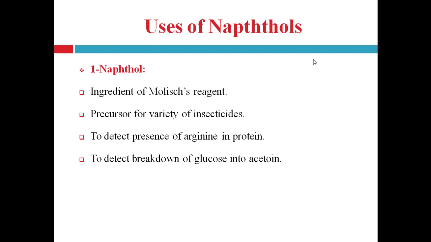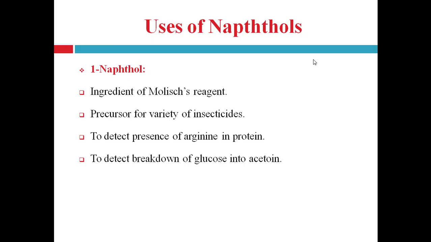1-naphthol is used to detect the breakdown of glucose into acetoin, which is used by bacteria for external energy storage, by the Voges-Proskauer test.